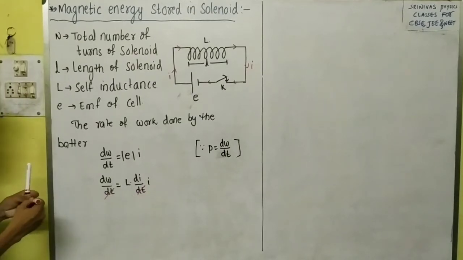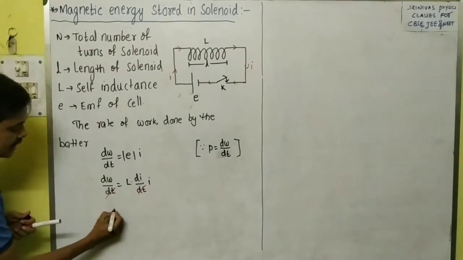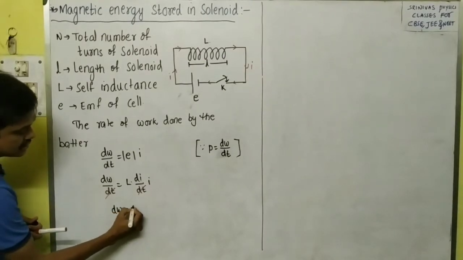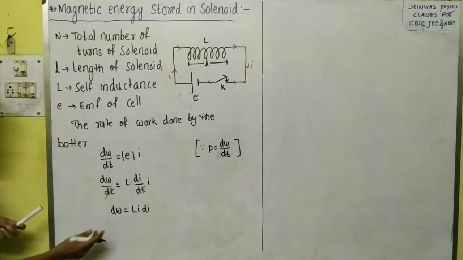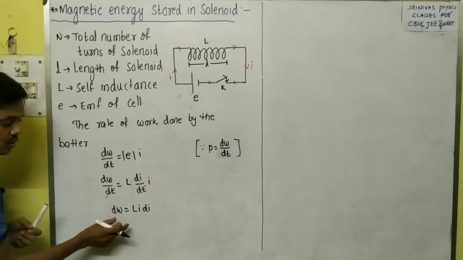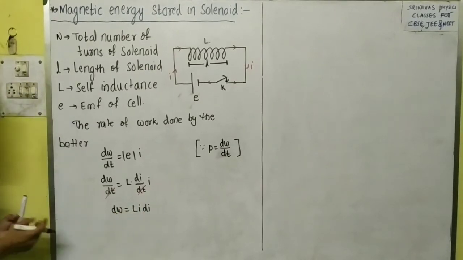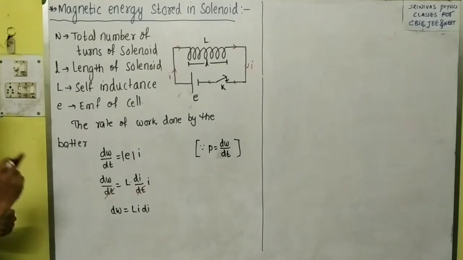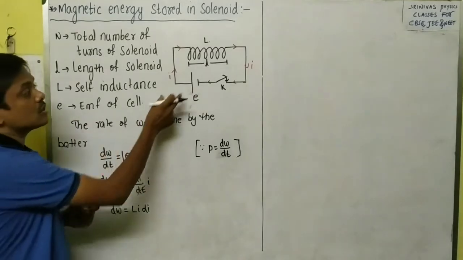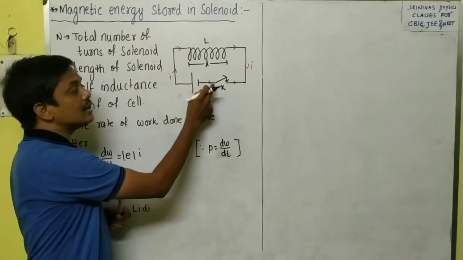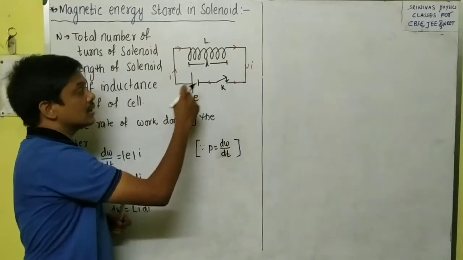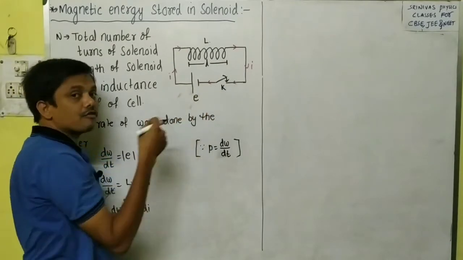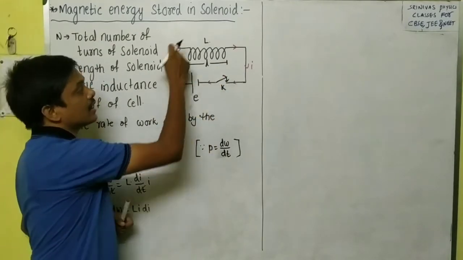Then we will get the work done to change the current by dI. That formula is L I dI. Okay, right. This is the work done to change the current by dI. But we want to change the current from 0 to I. Right, how much work will the battery do? Initially, when the plug key is open, zero current passes through it. Then after a fraction of a second, the current I passes.